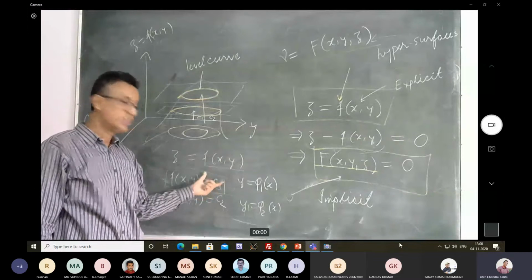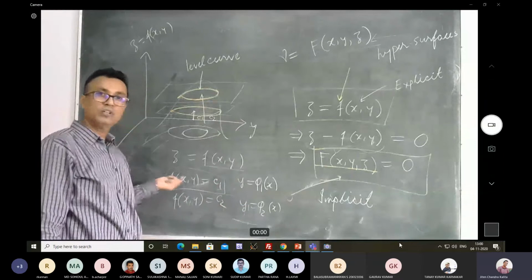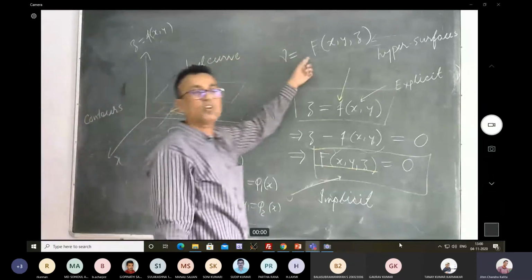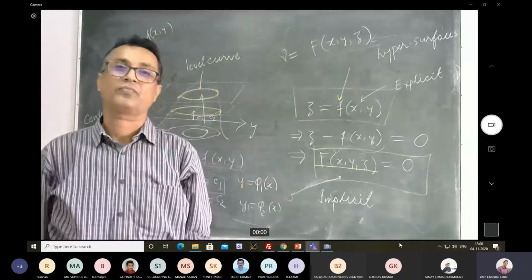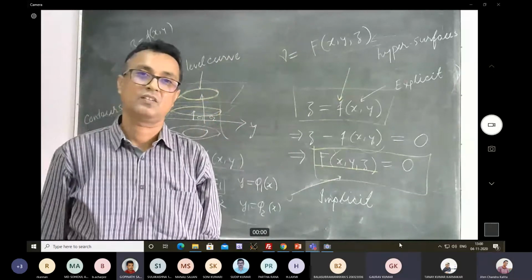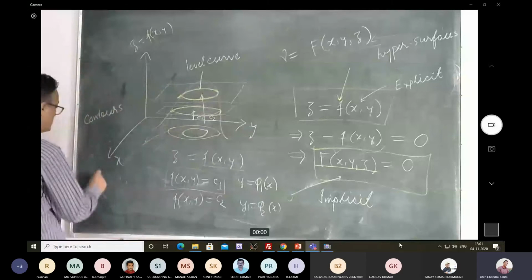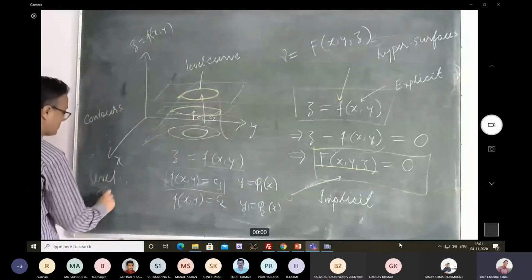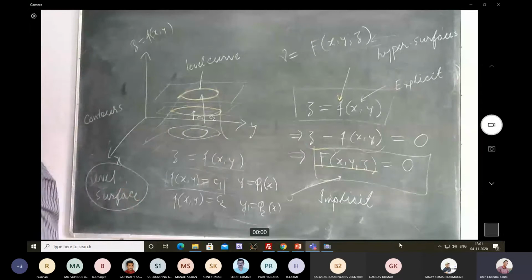A function of two variables gave me a curve through this approach. If I adopt the same approach for a function of three variables, it is going to give me what? Level surface. It is going to give me level surface.